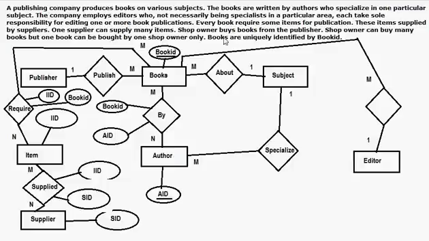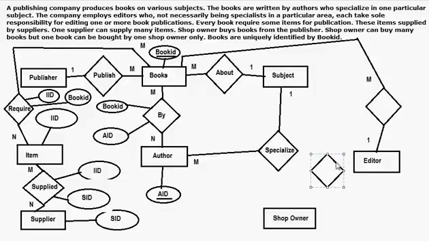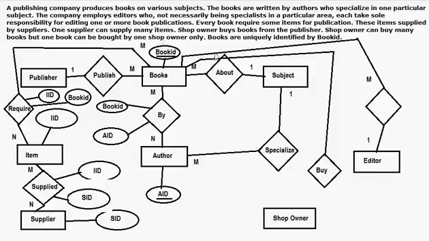And the next thing is that every book requires some publication items, usually supplied by some supplier, and a supplier can supply many items. Now the shop owner buys books from the publisher. Now we need to make one shop owner entity and a buy relationship. It has become a little congested, so please consider this; the line will not interrupt this relationship table.